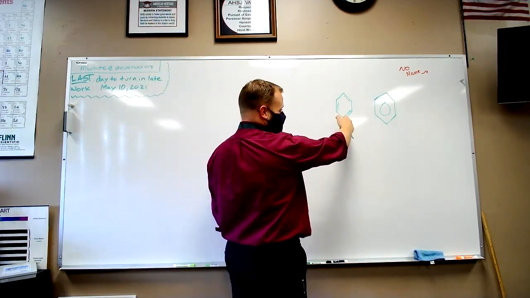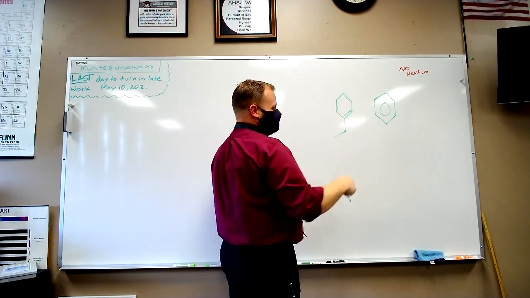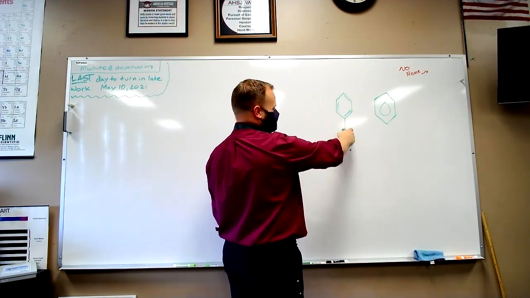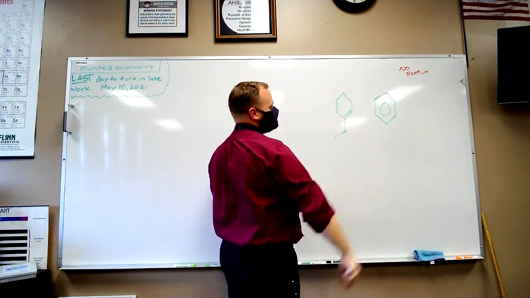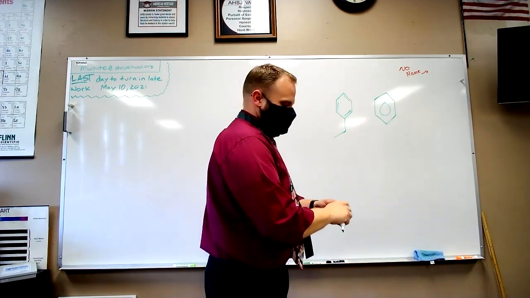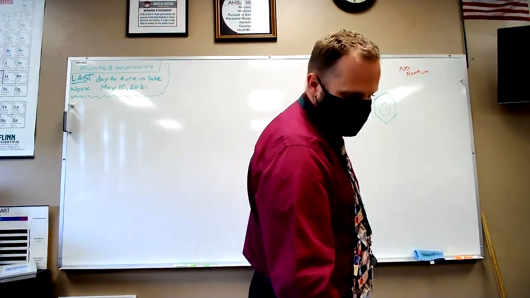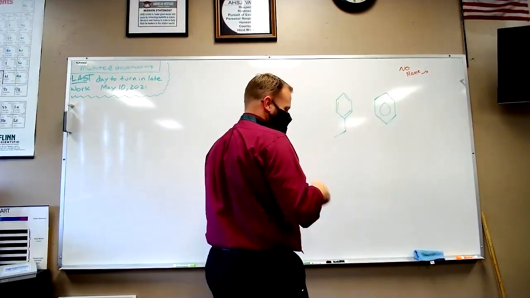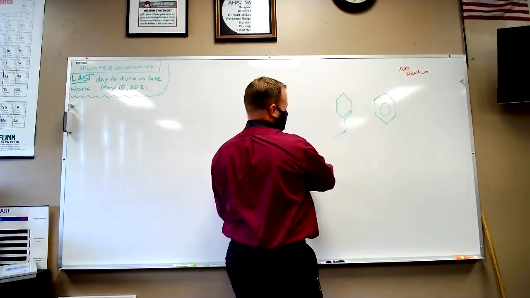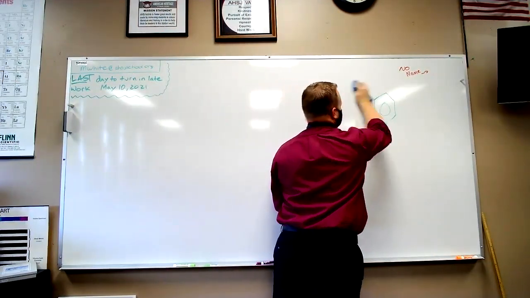We put this as carbon 1 because it's the lowest possible number. So this would be 1-ethyl, and then you just say benzene. But as far as properties and things like that, just for the sake of time, we're going to skip over that section.